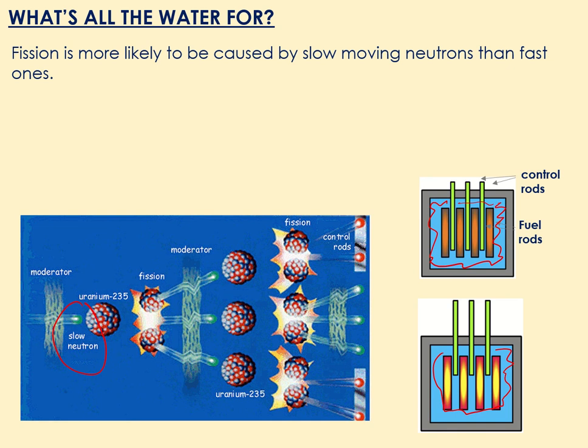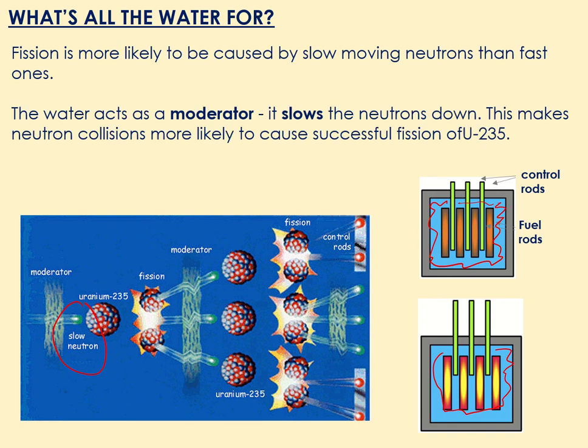So the way that I think of this, it's a little bit like if you try and think about throwing a tennis ball and getting it to land exactly on a shelf. If you throw it too hard, it's just going to bounce straight off again. It's a little bit like that with neutrons causing fission. They actually are more successful if they collide slowly. So the water is what's called a moderator.